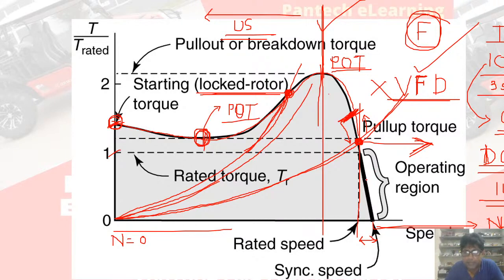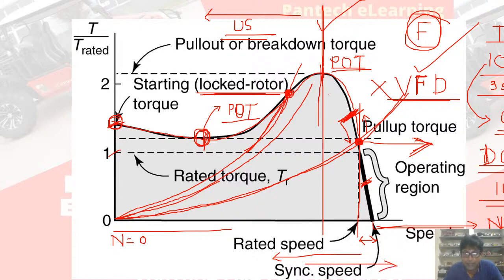Another condition, if you take, say my point is shifted here, at that time my available torque is lower than the torque required. Say I need 10 kilonewton torque, but my available torque is only 8 kilonewton, so my machine speed will come down. So come down means this side is speed low and this side is speed high.